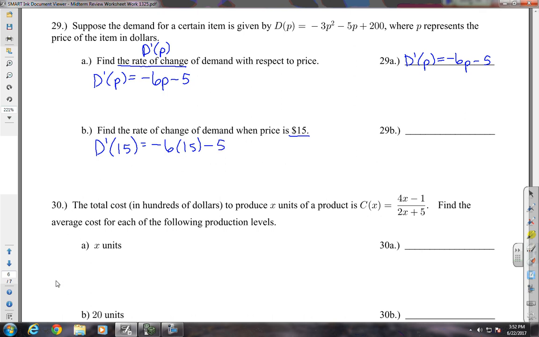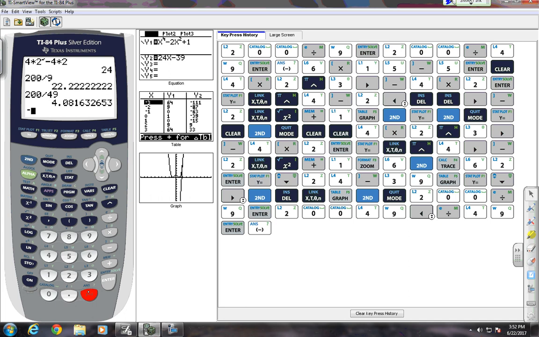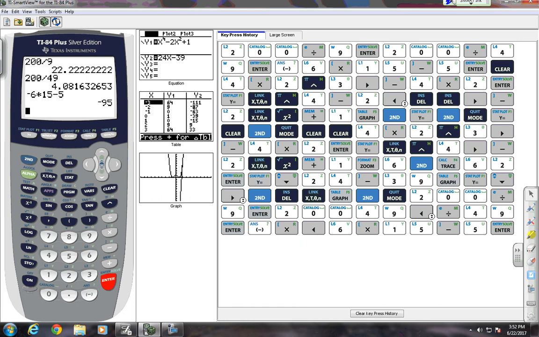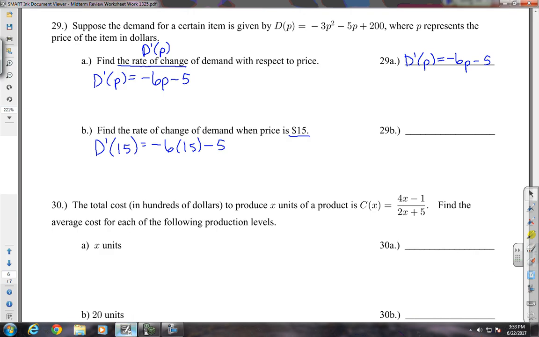Negative 6 times 15 minus 5. Feel free to use your calculator again so you don't make those silly little calculation errors that we often do on a test. We end up with negative 95. So D prime of 15 is negative 95.